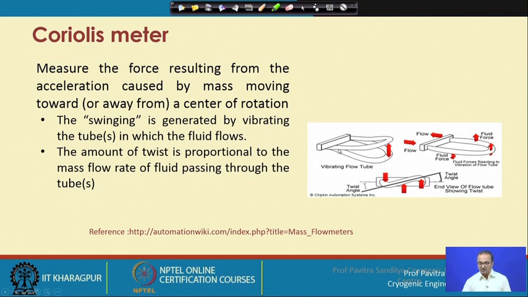The flow velocity of this particular fluid and this vibratory motion of the pipeline will cause a twisting in the pipeline, and this twisting will be a function of the flow rate. The more the twisting action, the higher the flow rate.